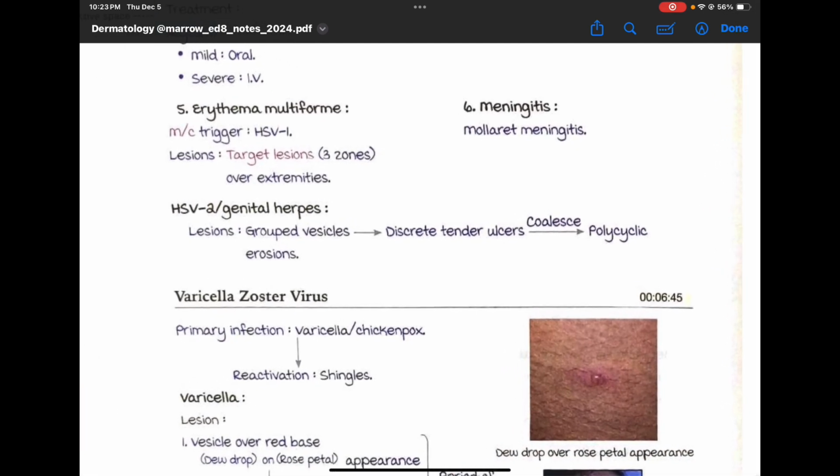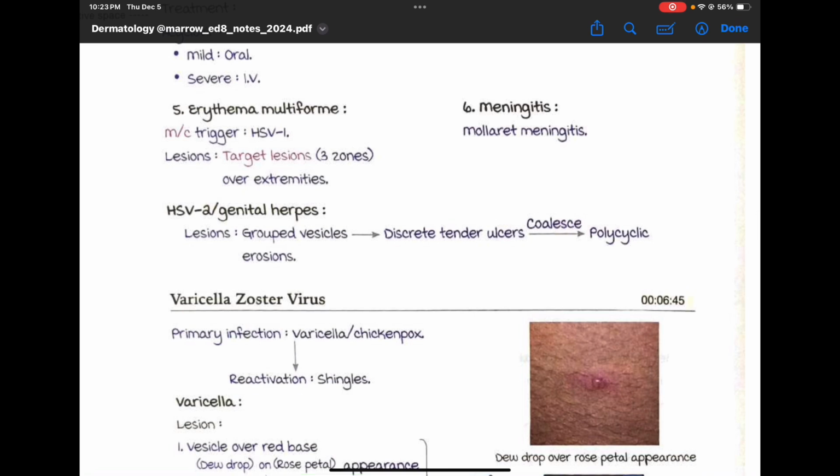Erythema multiforme, most common trigger herpes simplex virus 1. Lesions: target lesions, 3 zones over extremities.